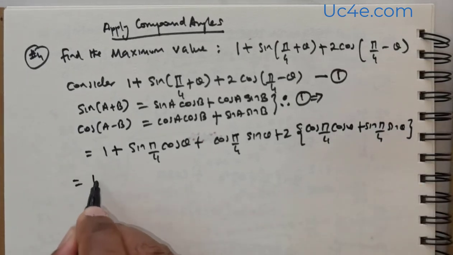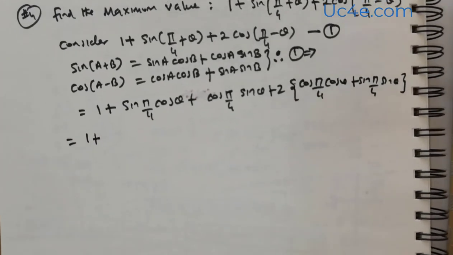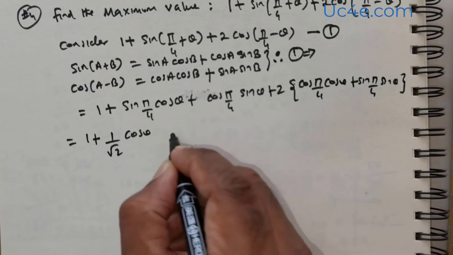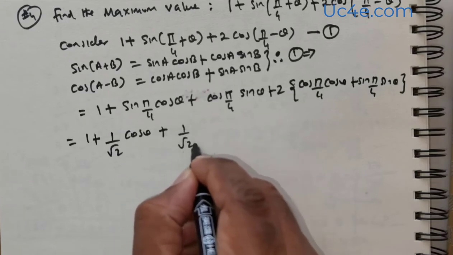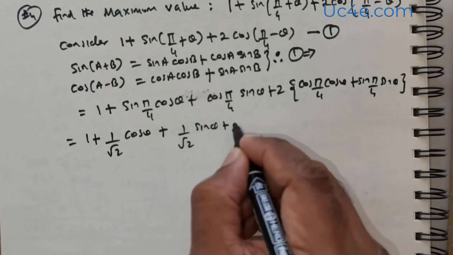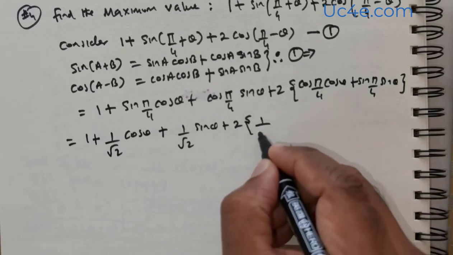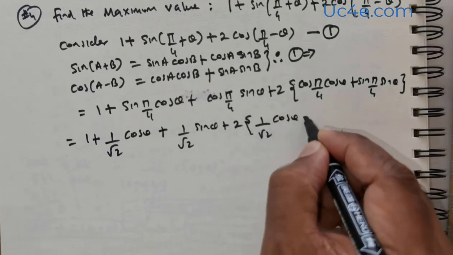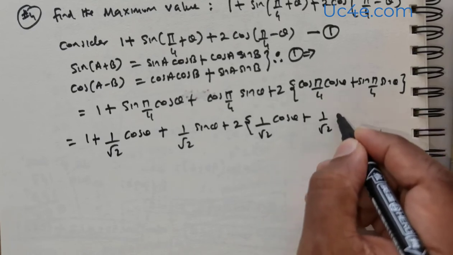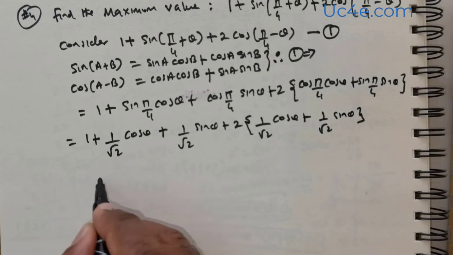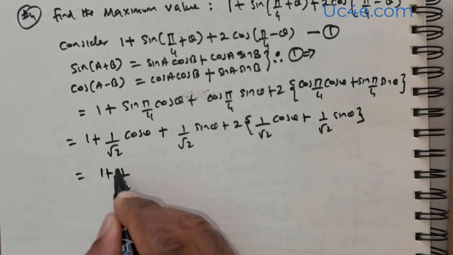This is equal to 1 positive sine pi over 4 is 1 over root 2 multiplied with cos theta. Cos pi over 4 is 1 over root 2 multiplied with sine theta, positive 2 times cos pi over 4, 1 over root 2 cos theta, 1 over root 2 sin theta. So this is equal to 1 positive, I can take 1 over root 2 out.